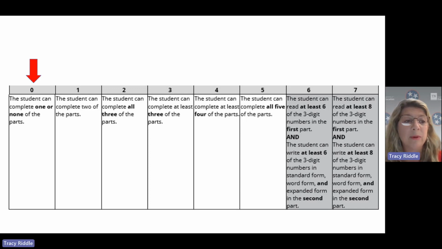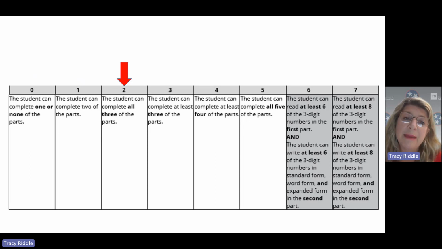If the student was not able to do any of the 3 parts, or they only were able to complete one of the 3 parts, that is level 0. If the student is able to complete with accuracy 2 of the 3 parts, that is level 1. If a student is able to complete all 3 parts of the kindergarten portion, that is the score of a level 2.